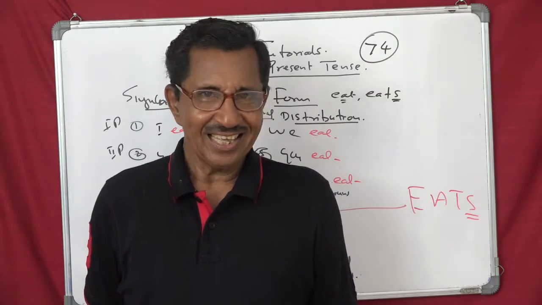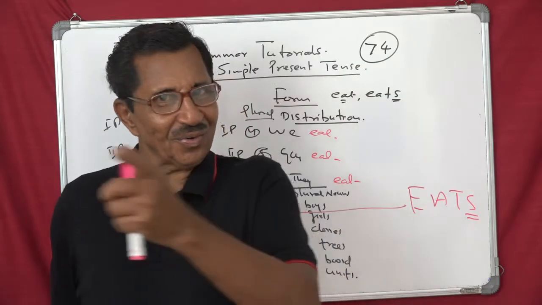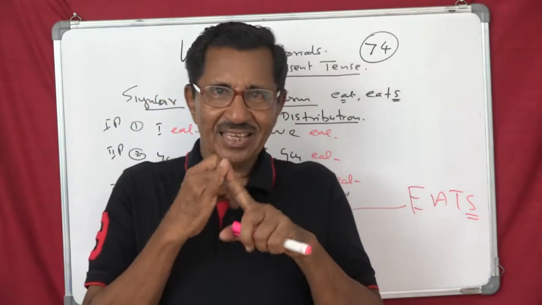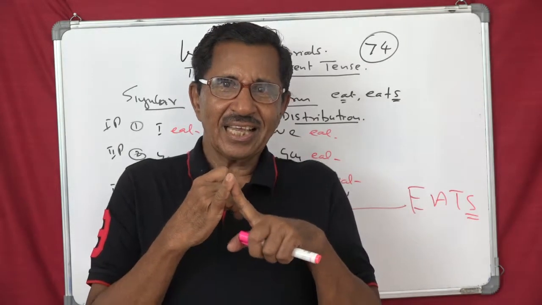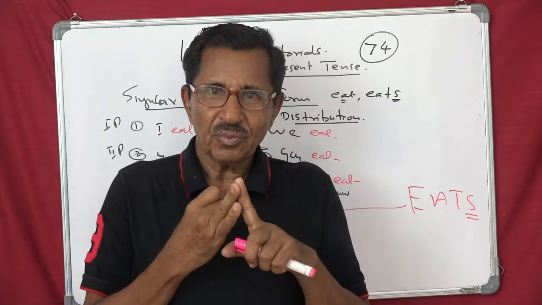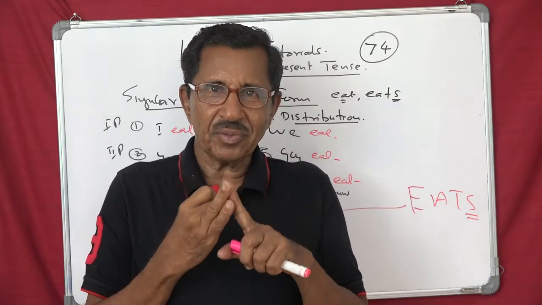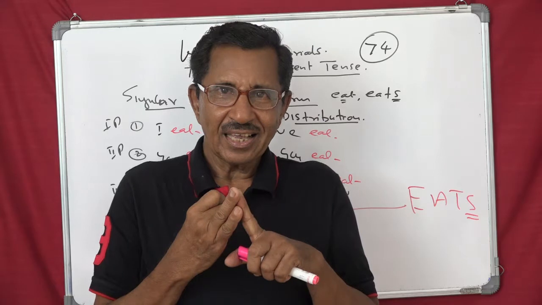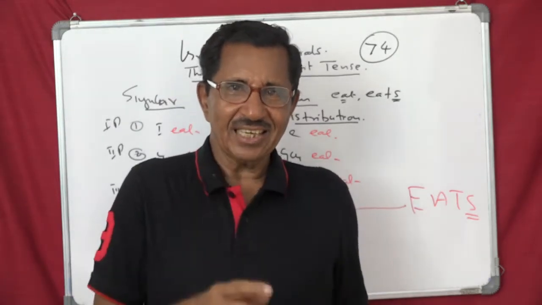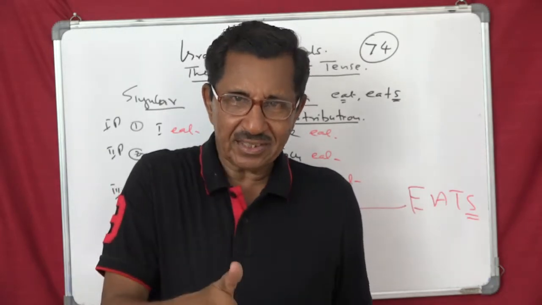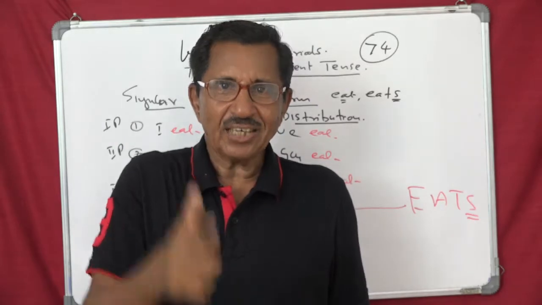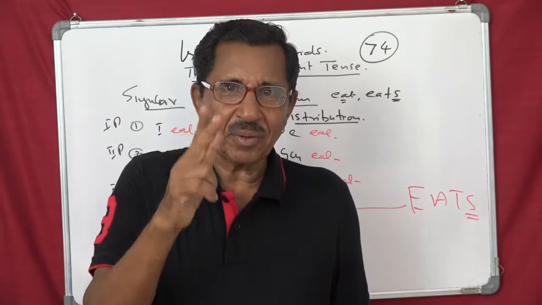That is why he goes. The reasons are 3. 1, the NB1 should be third person singular. 2, we can say it like that: the NB1 should be third person, NB1 should be singular, the tense should be simple present.